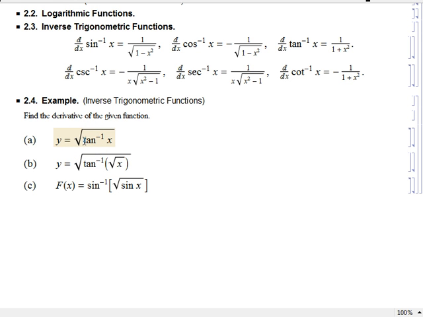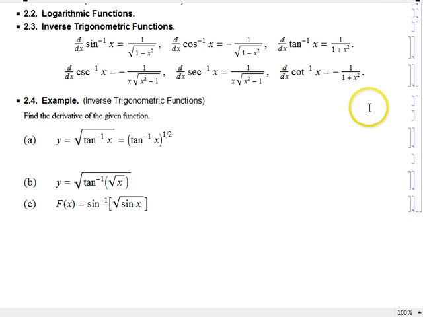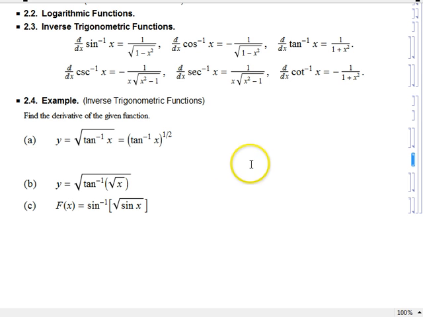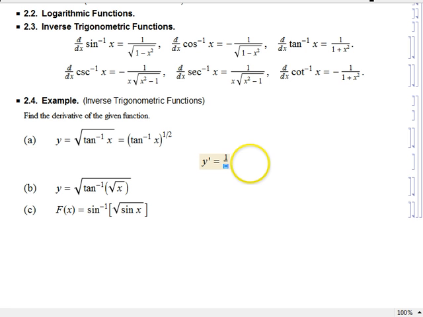Square root of arctangent of x. So this is basically the same as arctangent of x to the 1/2 power, isn't it? So if you take the derivative, then by chain rule 1/2 comes out, and then inside never changes.